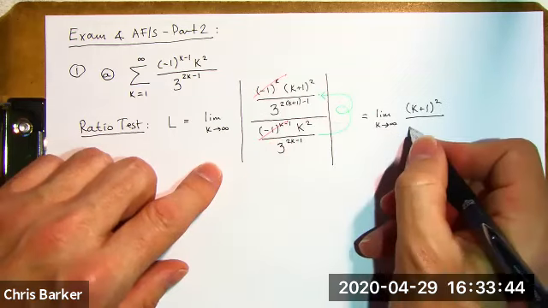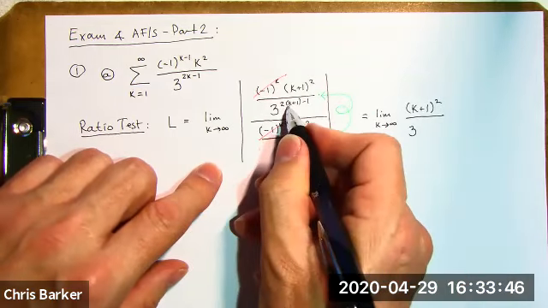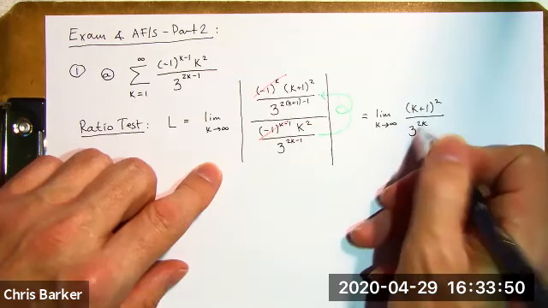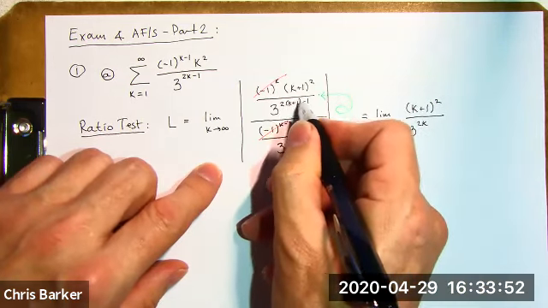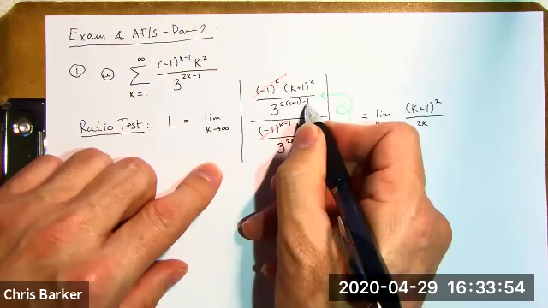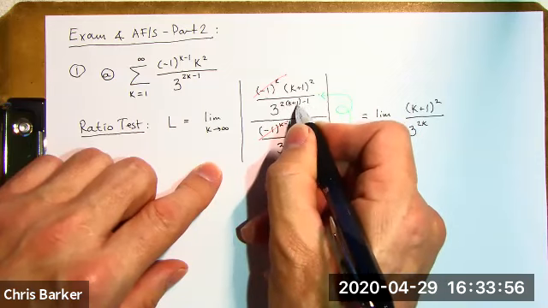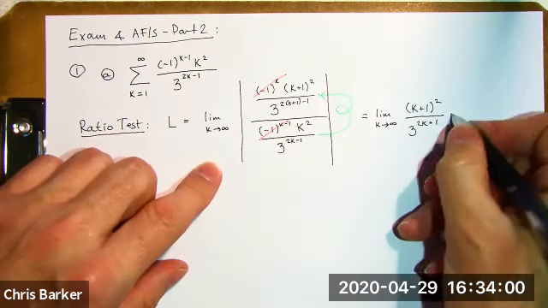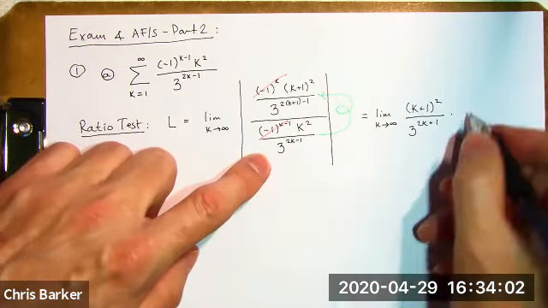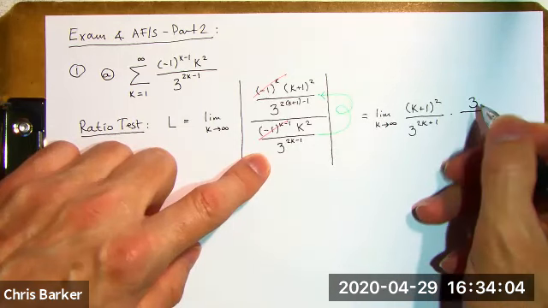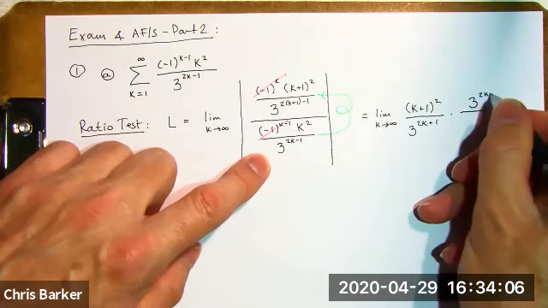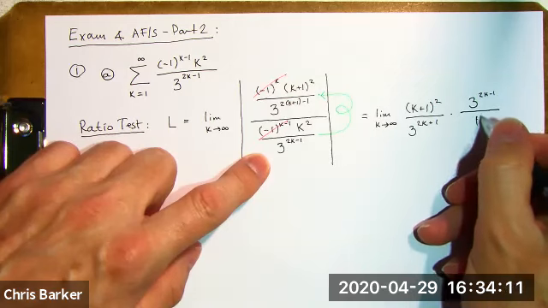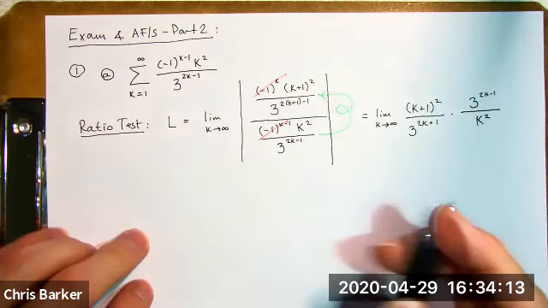So I've got 3 to the power of, if you multiply this exponent out, you'll get 2k plus 2 minus 1. Right? 2 times 1 is 2, minus 1 will be plus 1. Multiplied by, and then we flip this guy over, and we get 3 to the 2k minus 1 over k squared. Are there any questions at this point?